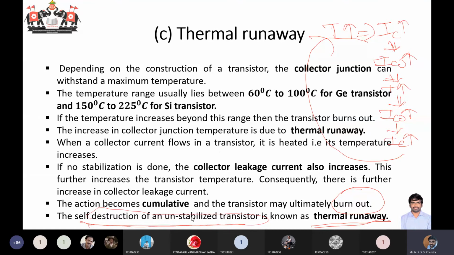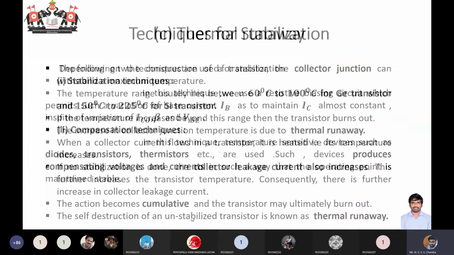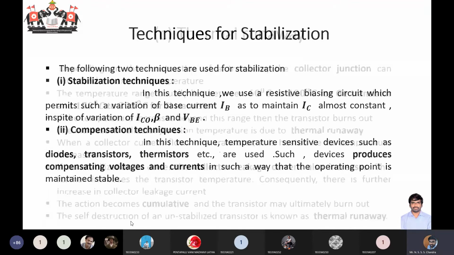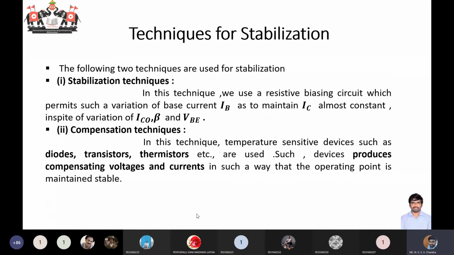Next let us quantify these things. Till now we have seen the problems, so we need to know how to solve them. First we shall discuss the techniques qualitatively, then we can go for the quantification. Qualitatively we can address this problem by two techniques. The first technique is known as the stabilization technique, the second is known as the compensation technique.